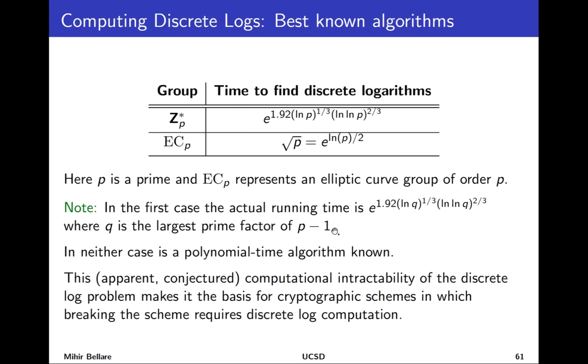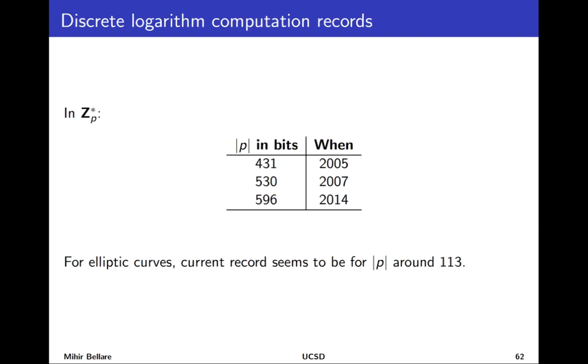Now, these asymptotic or theoretical runtimes are not the whole story. What is needed in practice is also, how do I pick a size for the prime or for the group if I have an intended target of security, in the sense that if I want the adversary running time to compute discrete logs to be, say, 2 to the power 80, how big a prime do I need for that?